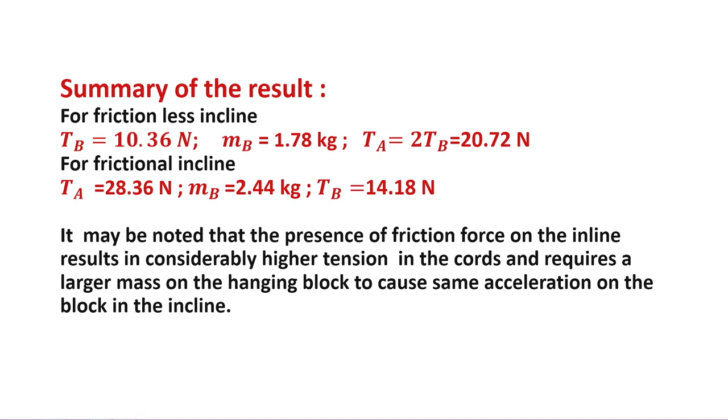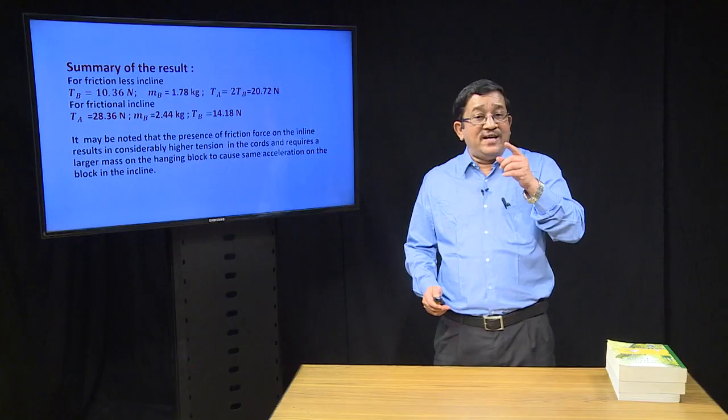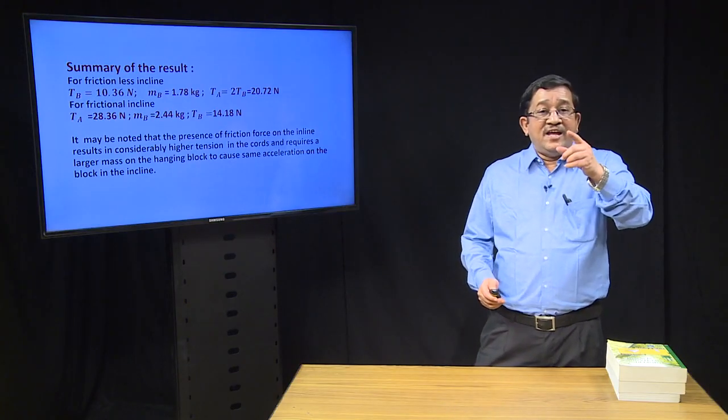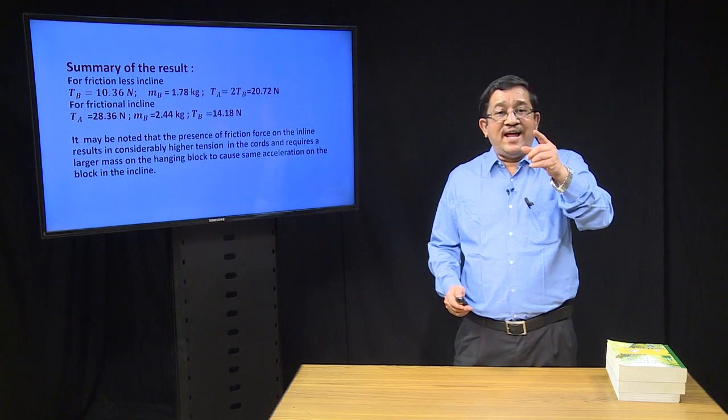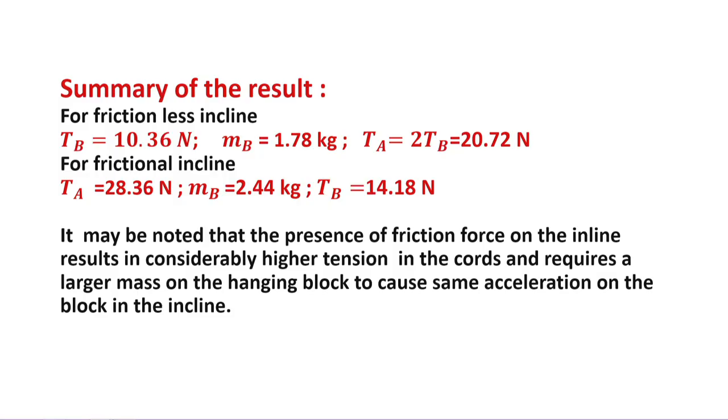It may be noted that the presence of friction force on the incline results in considerably higher tension in the cords and requires a larger mass on the hanging block to cause the same acceleration of the block on the incline. That is why, in the first case, the frictionless incline, the mass of B is 1.78 kg, but for the frictional incline this mb is 2.44 kg.